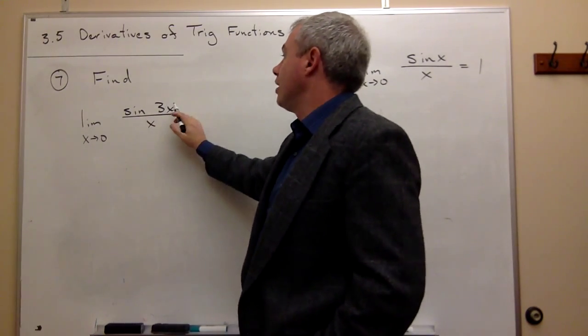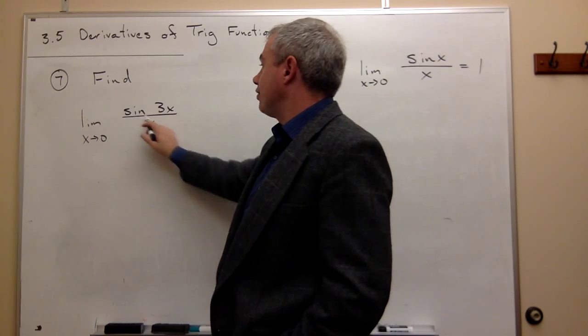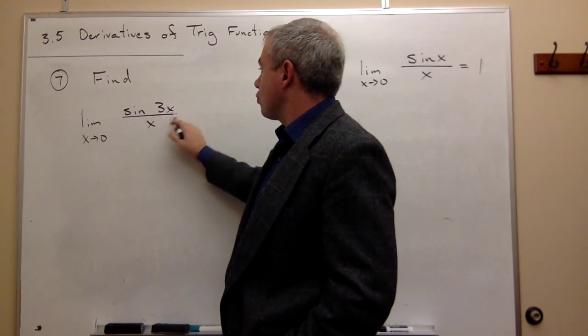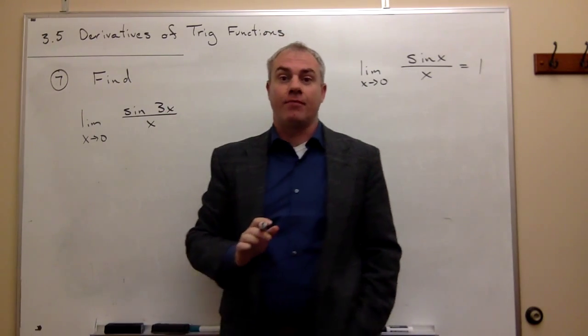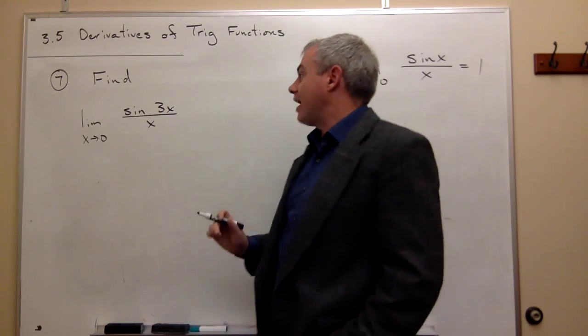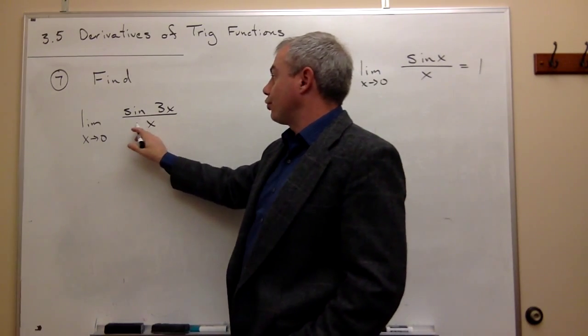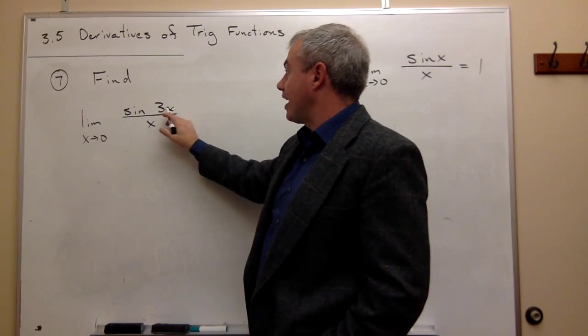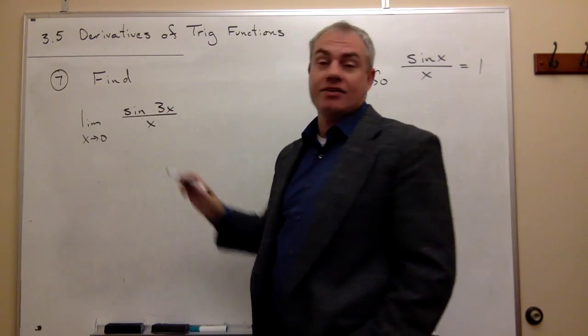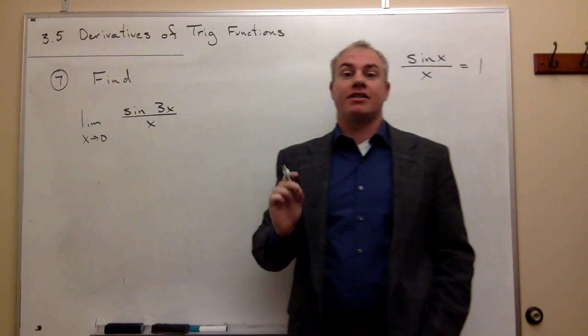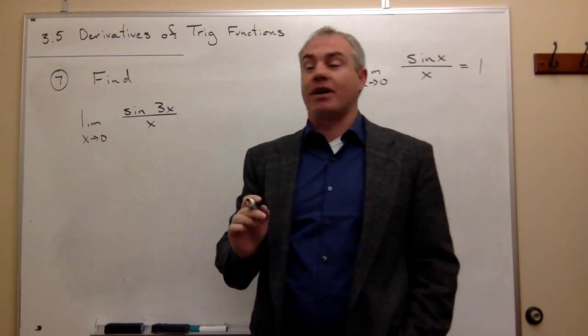We want to make what's underneath the same as what is inside the sine, if possible. So in order to get a 3x inside and a 3x on the bottom, I need to multiply the top and the bottom of that fraction by 3.